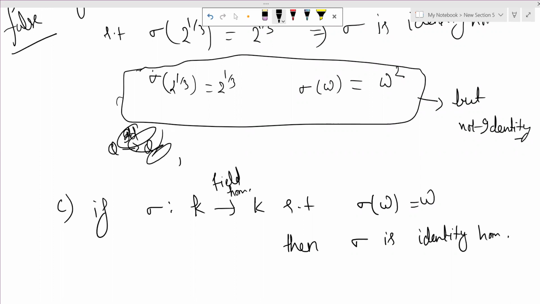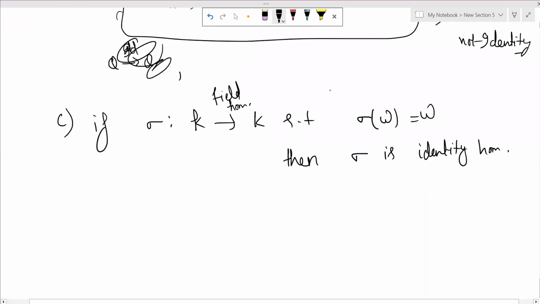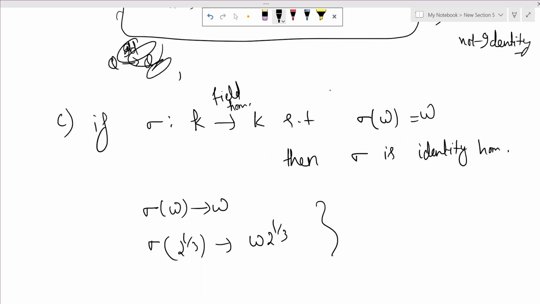By a similar argument as in the B section, we can give something that is not an identity homomorphism. Sigma of omega goes to omega, and sigma of 2 to the power 1/3 goes to omega times 2 to the power 1/3. Agreed. So this you can do. So not identity, so it is a false statement.